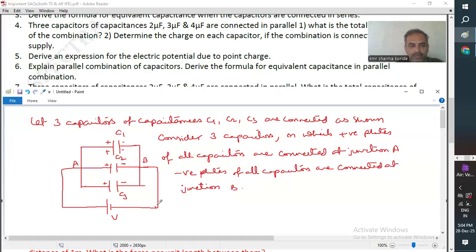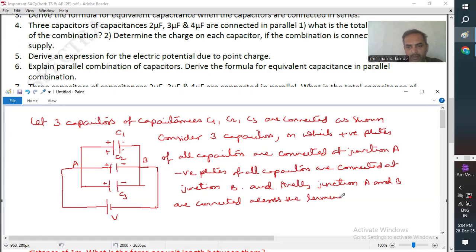And finally, these two junctions A and B are connected across the terminals of a battery.